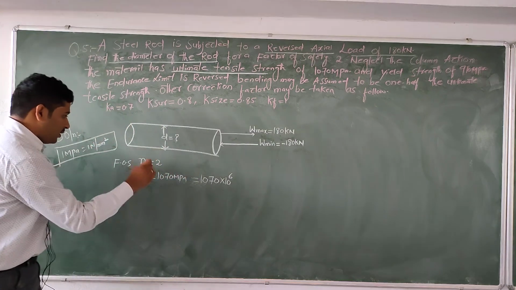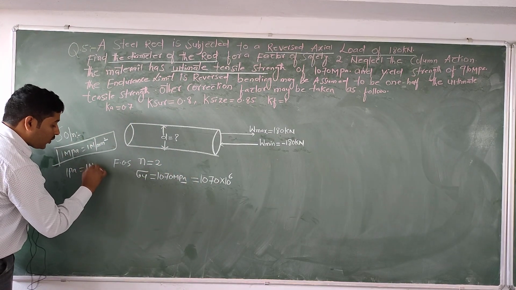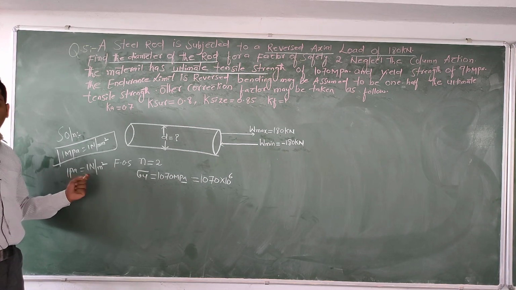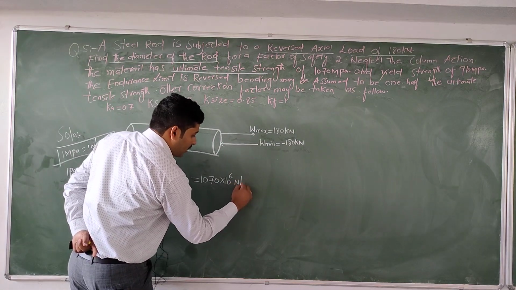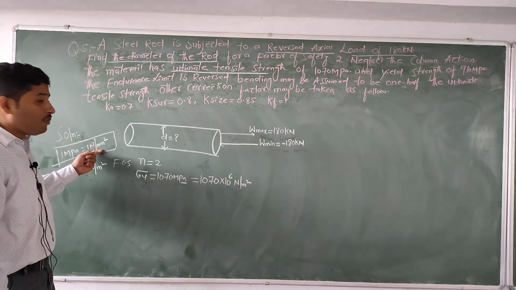So 1 Pascal, you know very well, equals 1 Newton per meter square. But our intention is we want to convert to millimeter square.